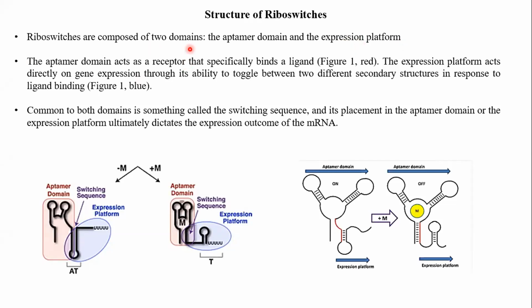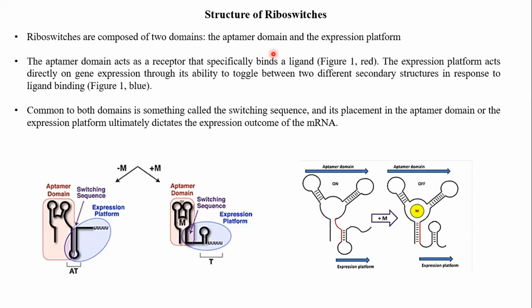It is made up of two domains, aptamer and expression platform. Now what are domains? Domains are three-dimensional structures, and here we will encounter three-dimensional structures in RNA. Usually when you say domain, these are independently acting regions. You must have heard this word when you studied protein structure.